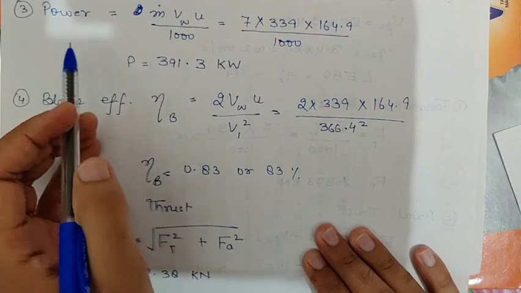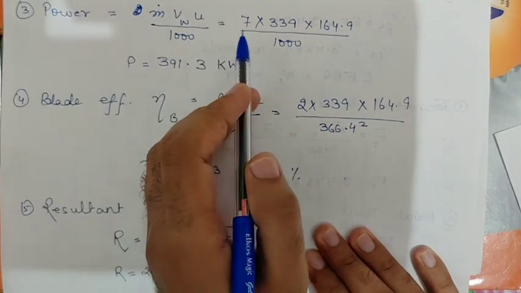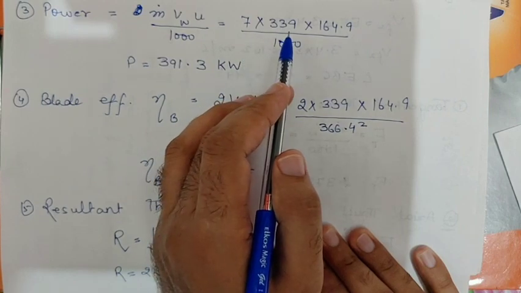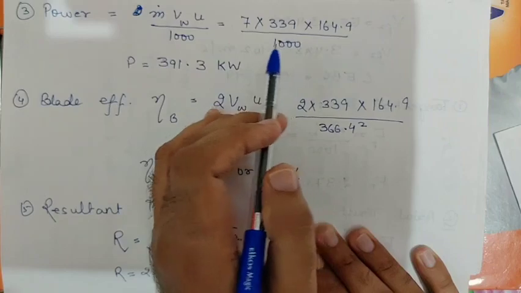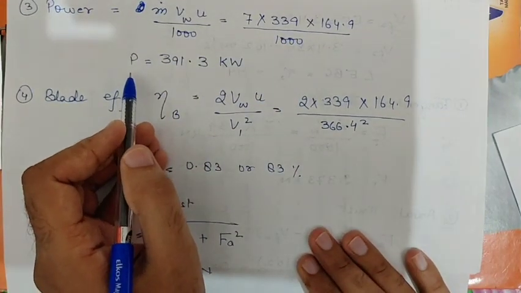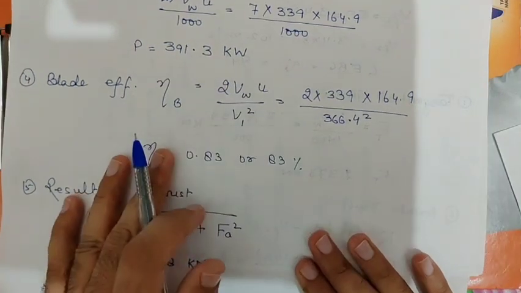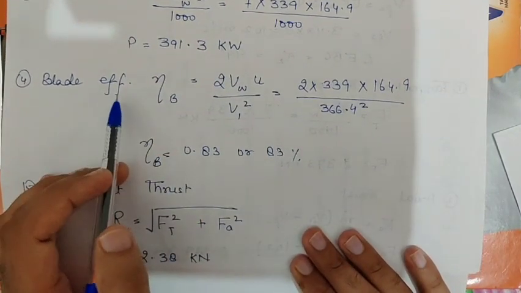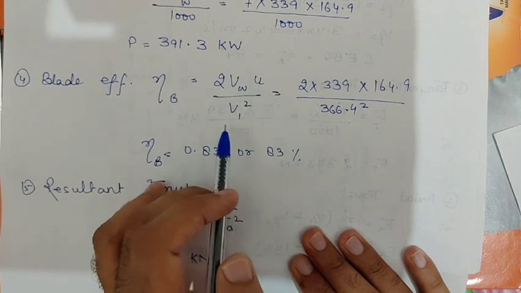Next we have to calculate power. Power is given by m dot VW U divided by 1000. So 7 into 339, that is the value of VW, into 164.9, that is the value of U, divided by 1000. So power comes to be P equals 391.3 kilowatt. Next we have to calculate blade efficiency, and the formula for blade efficiency is 2 VW U divided by V1 square.